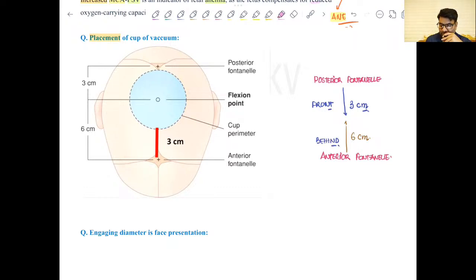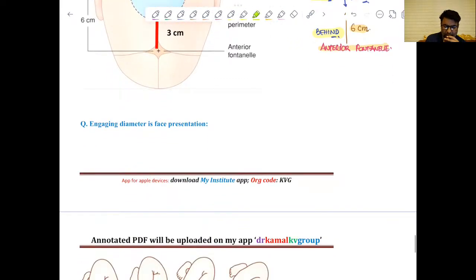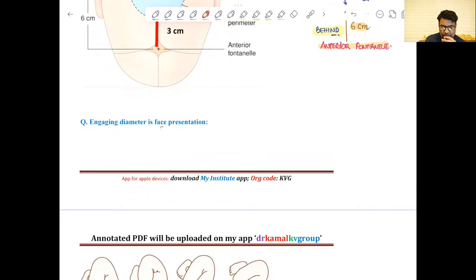So please remember, the question is about which fontanelle, and then mark accordingly, right? So 3 centimeter in front of posterior fontanelle or 6 centimeter behind anterior fontanelle, you have to apply the cup of the vacuum, right? So this is known as the flexion point in vacuum, right? So please remember this.